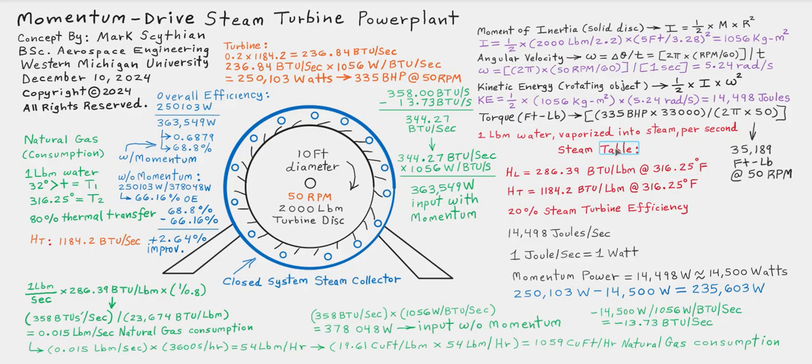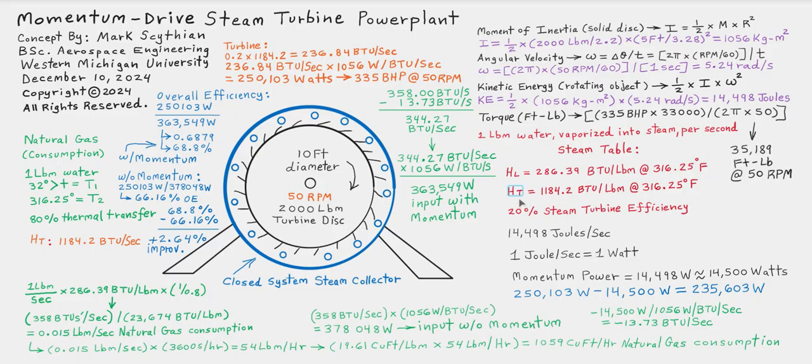So we can go to our steam tables and look up the liquid enthalpy, H sub L, which is 289.39 BTUs per pound of water at 316.25 degrees Fahrenheit.